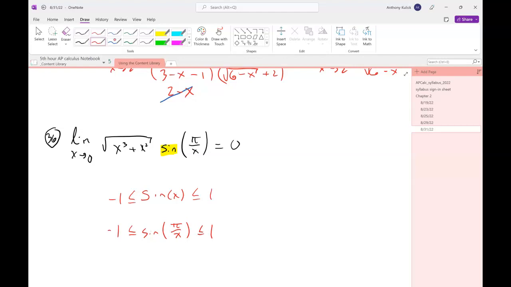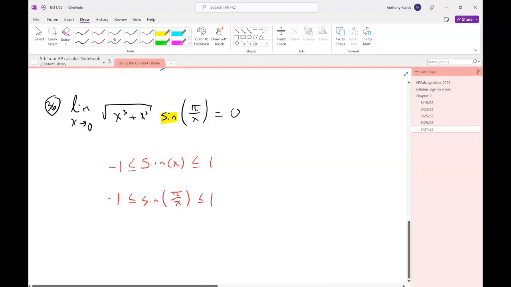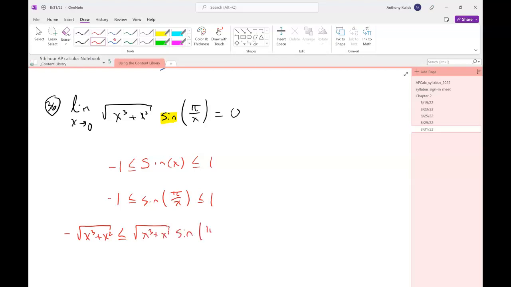Everybody cool? And then I'm going to multiply both sides then by that radical x cubed plus x squared. Okay with that?